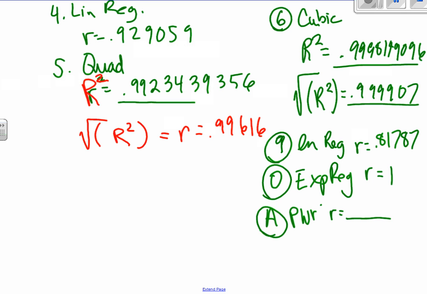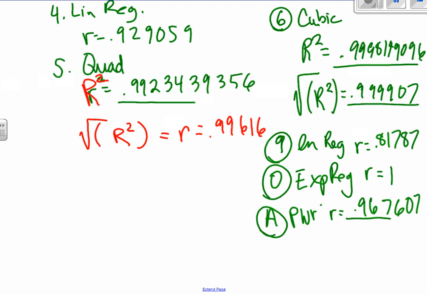And who has what that would be? I'm going to stop there because I ran out of room.